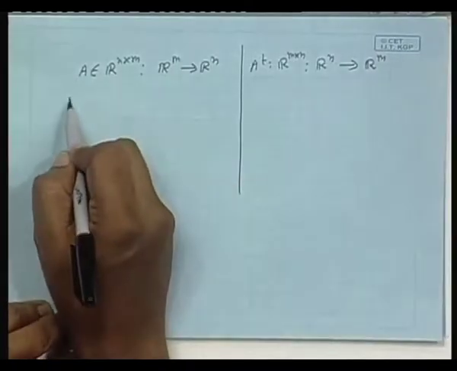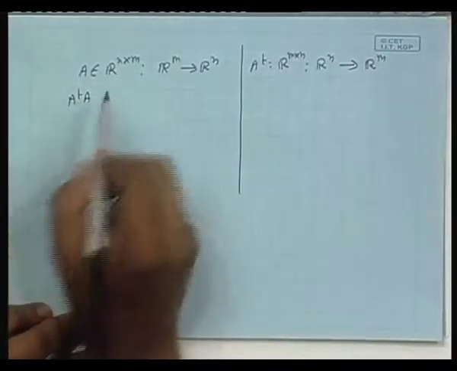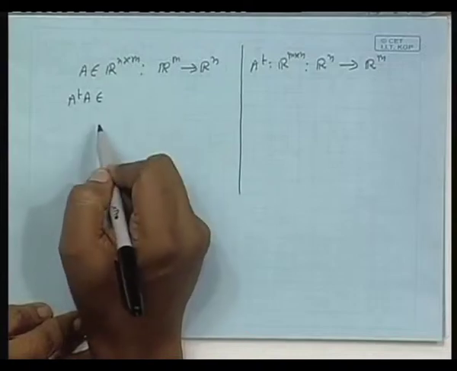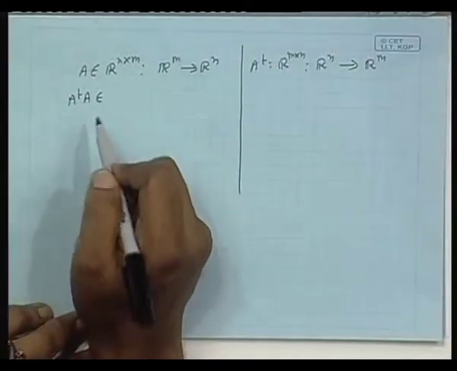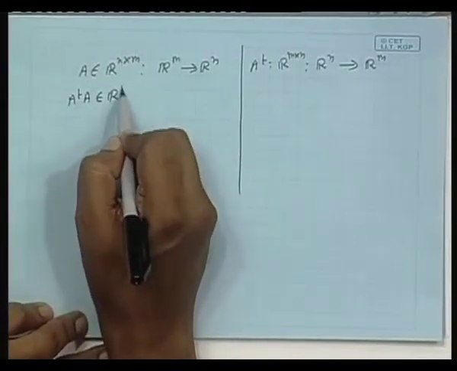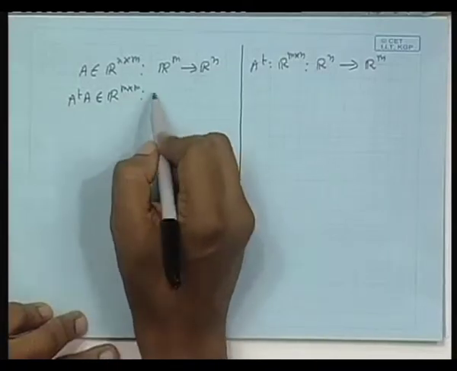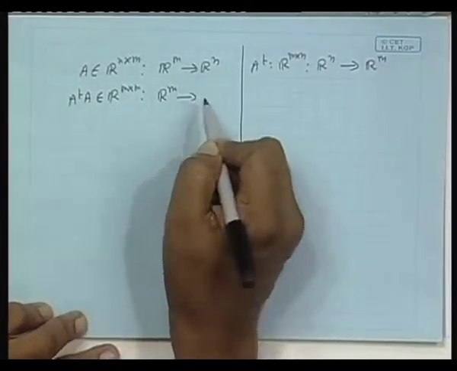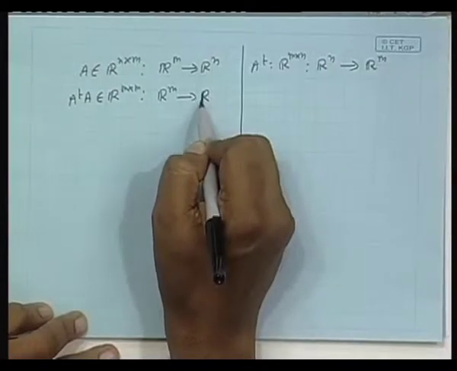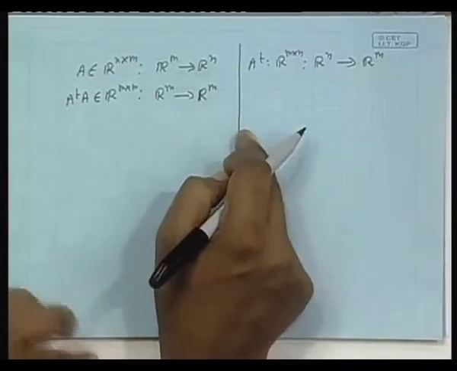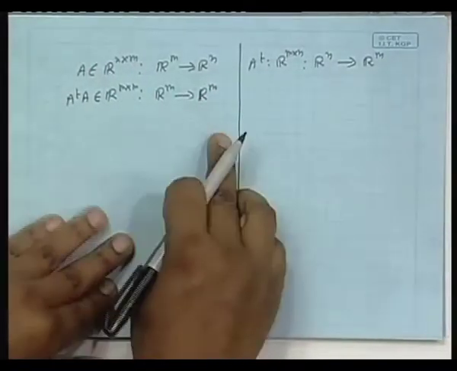Then you consider this A transpose A. Obviously, A transpose A is a square matrix, of size m cross m only. It takes R m, but gives you back R m only. It is a square matrix, like the operators we considered earlier, V to V, R m to R m.